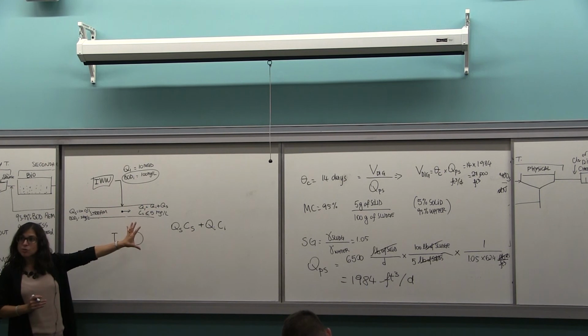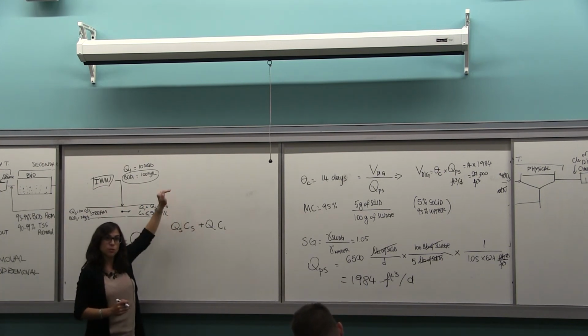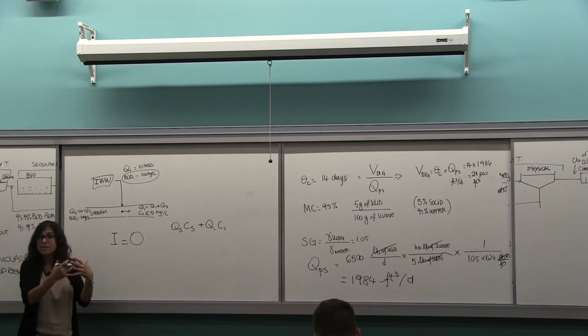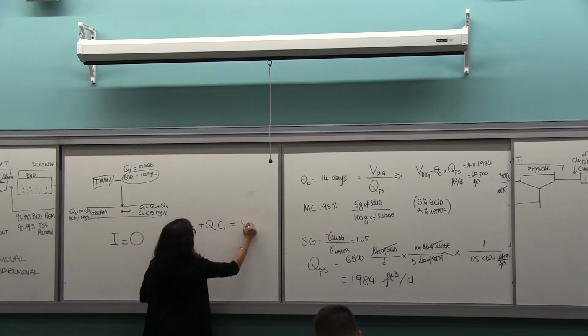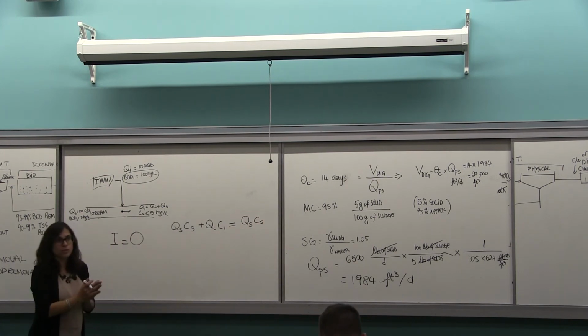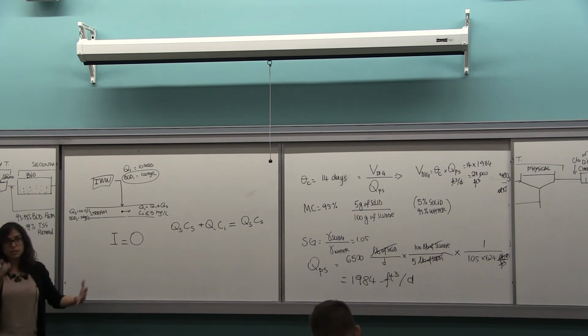So this is the mass of BOD coming with the stream, plus the mass of BOD coming with the wastewater. Flow rate times concentration is mass rate. It's going to be equal to the mass rate out of this point. After they mix, I'm going to have a given concentration and flow rate.